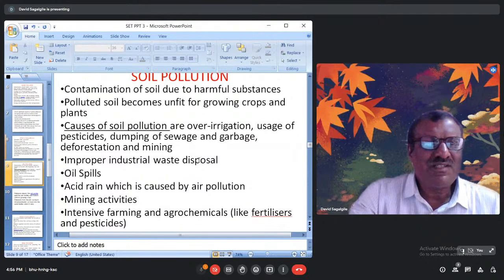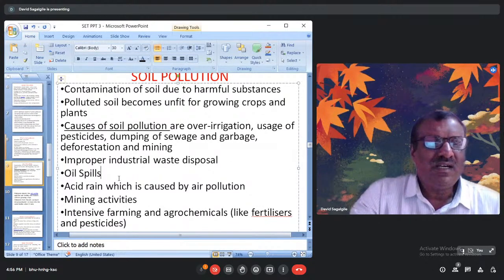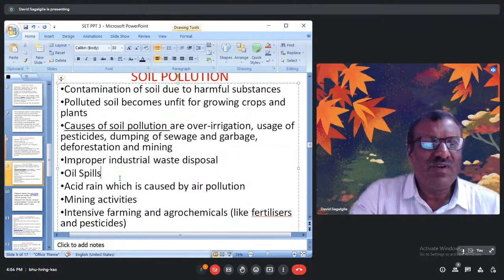Improper industrial waste disposal. Most of the time, the industrial waste is just thrown out on the ground, and that is how the good agricultural land gets bad, or is unfit for agriculture, because these toxic elements have gone into the ground.